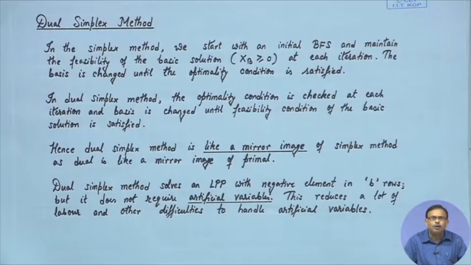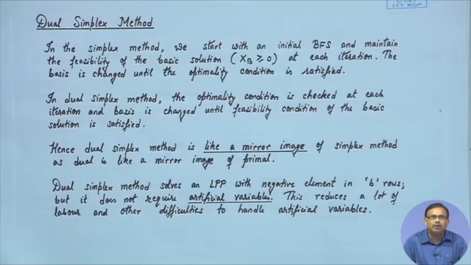The optimality condition is checked at each iteration and the basis is changed until the feasibility condition of the basis is satisfied. In other words, here we are doing the opposite. For a general LPP, we first ensured that the basic solution is always feasible, and then tried to find the optimality condition.